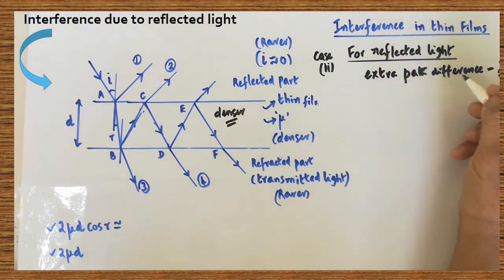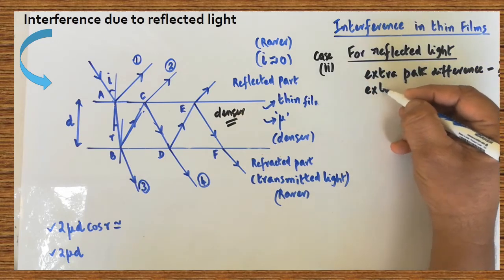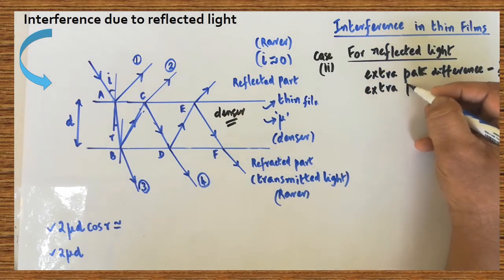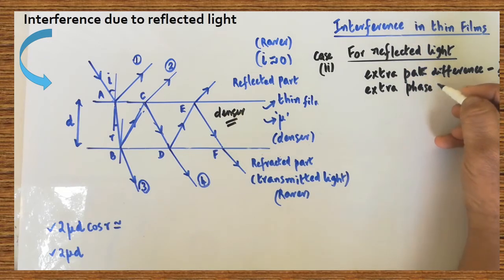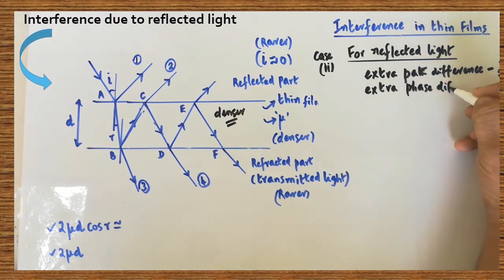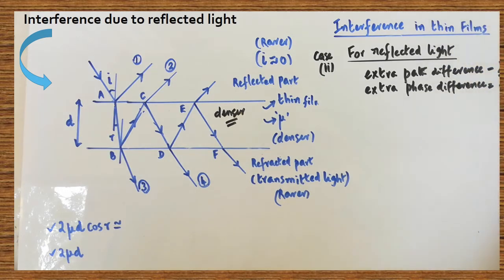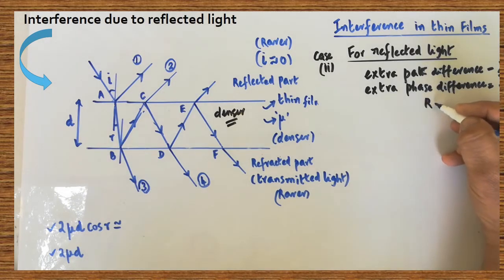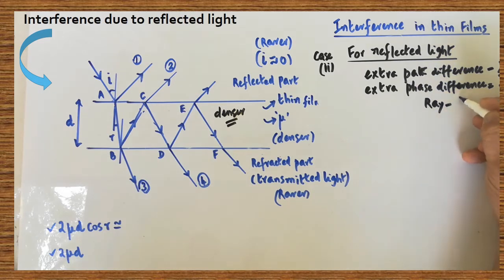If the same thing is told in the form of phase difference, we have to call it extra phase difference. If the extra path difference is lambda by 2, the extra phase difference must be taken as pi. This is created by ray number 1. Ray number 1 creates the additional path difference of lambda by 2, or additional phase difference of pi.